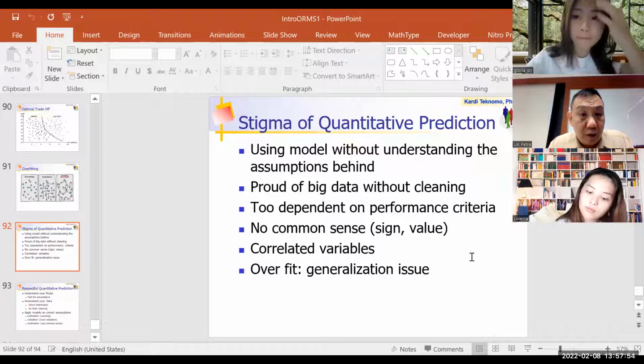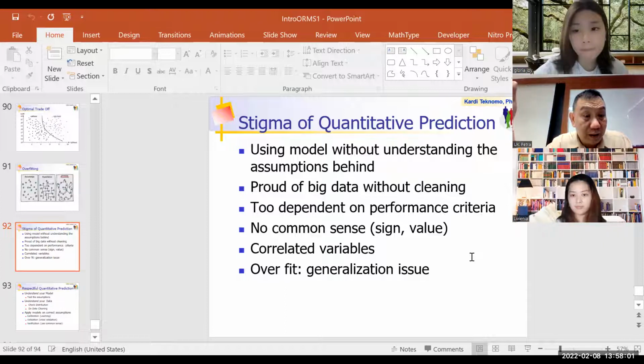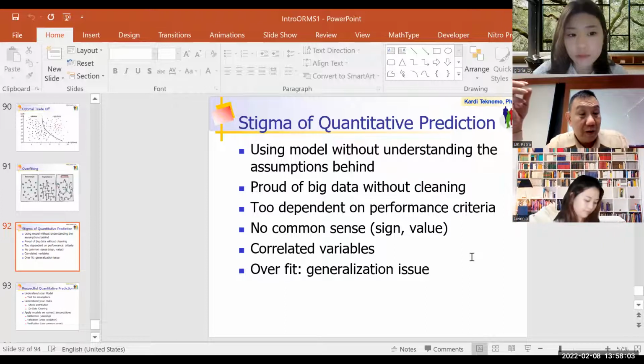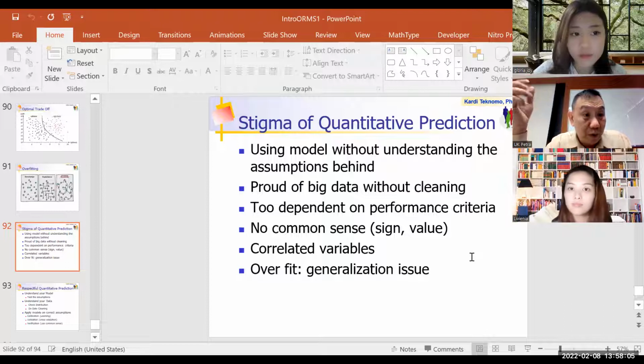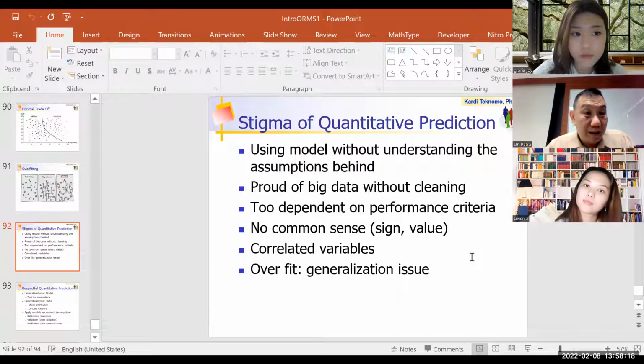And if you're too dependent on the performance criteria without understanding the meaning of the data and the result, without interpreting, then it will create a curse for you, a stigma for you. Okay? So always remember, use your common sense. Okay? If you have no common sense based on just the result of a computer, this is very bad.